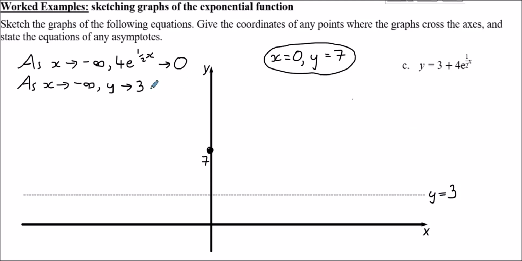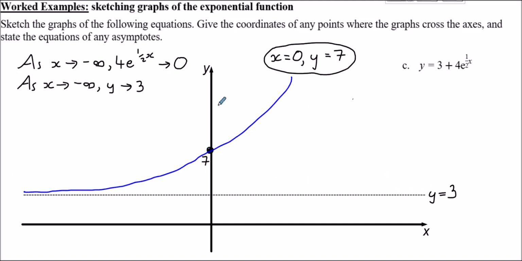So again, sketching this graph in. Down here it's going to be very small. Getting bigger and bigger and bigger. Terrible. I can't apologise enough for how bad I am at sketching curves. But anyway, that's the general shape. And so an asymptote horizontal at y equals 3.